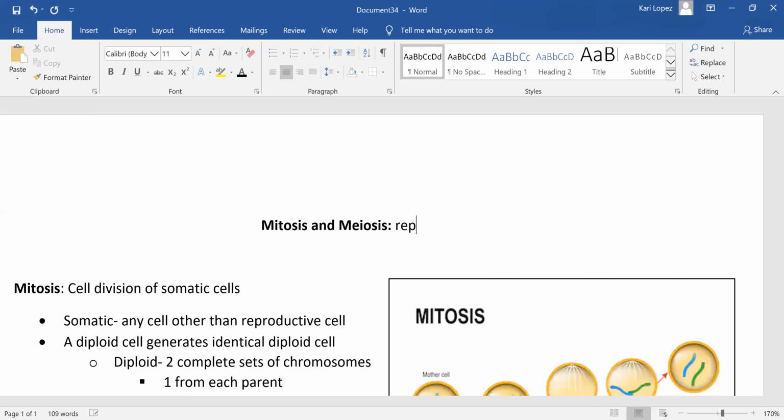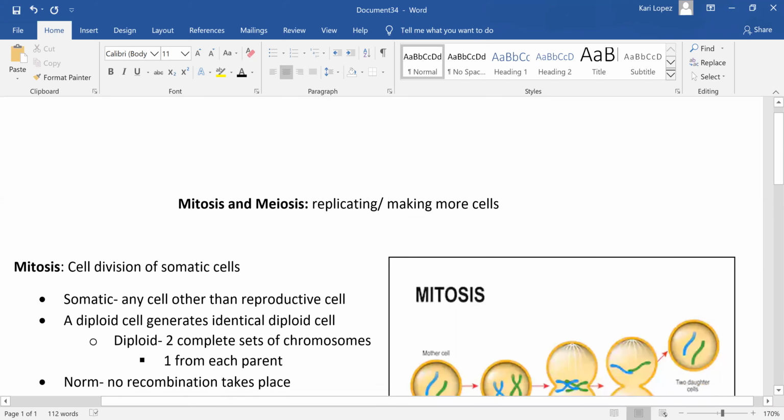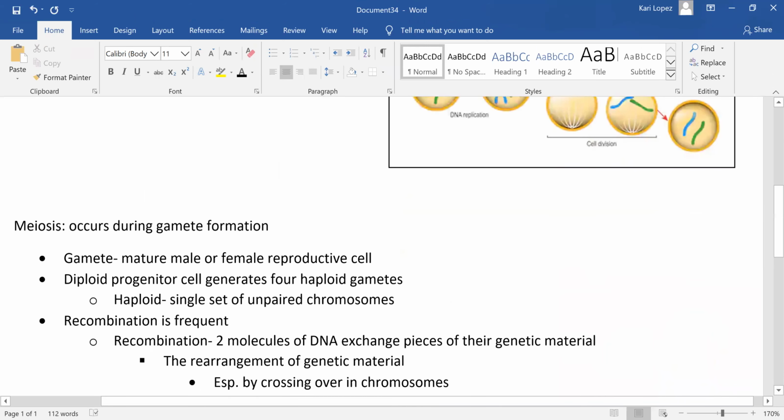Replicating cells, right? Or making more cells. Because they're not all an exact replica, it depends. Right.